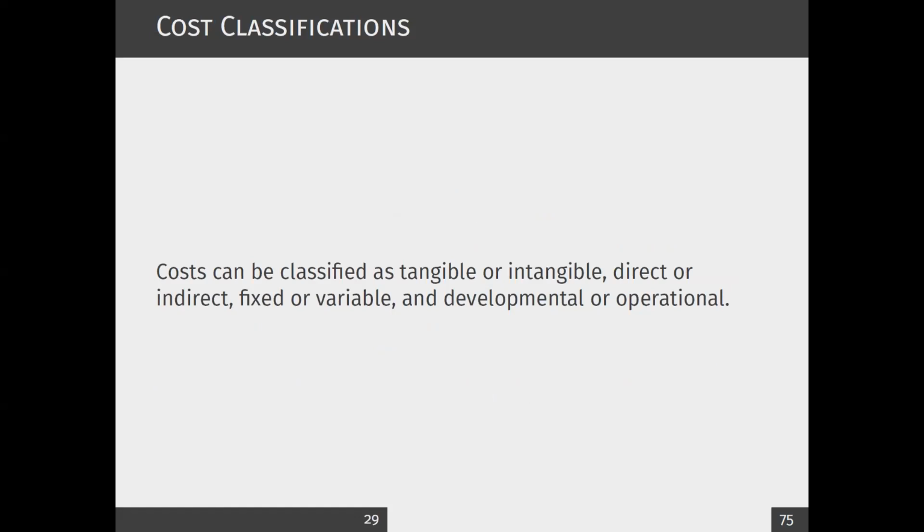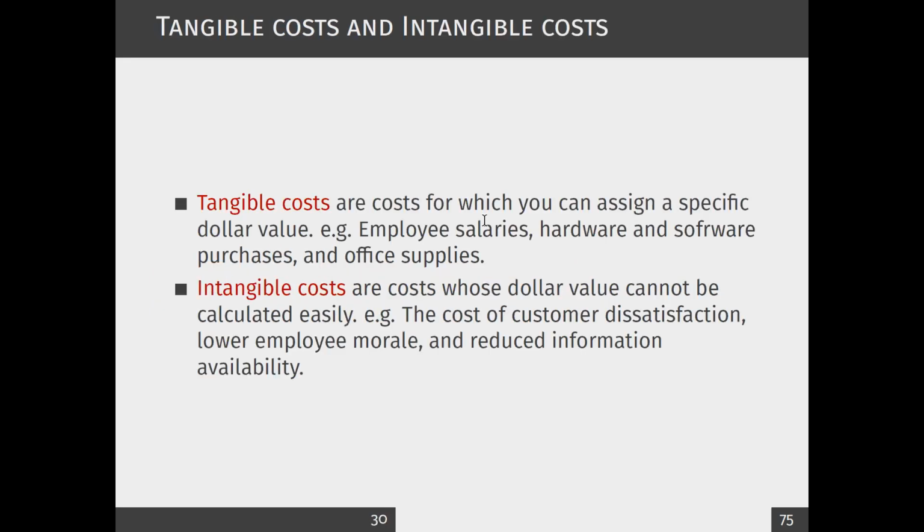So costs can be classified in several ways. For example, cost can be classified as tangible or intangible, direct or indirect, fixed or variable, and development or operational. The tangible costs are costs to which you can assign a specific dollar value.